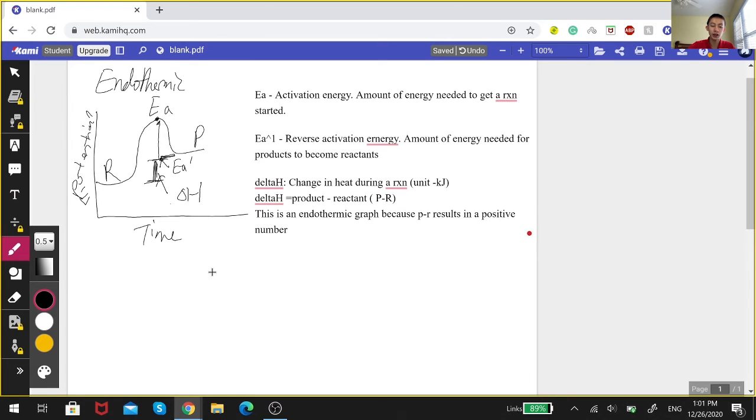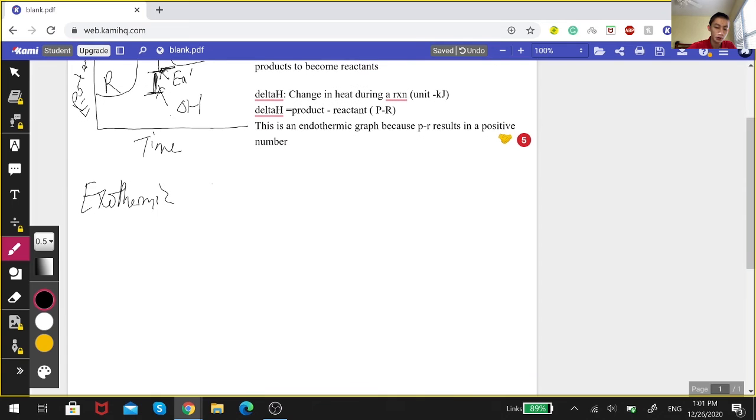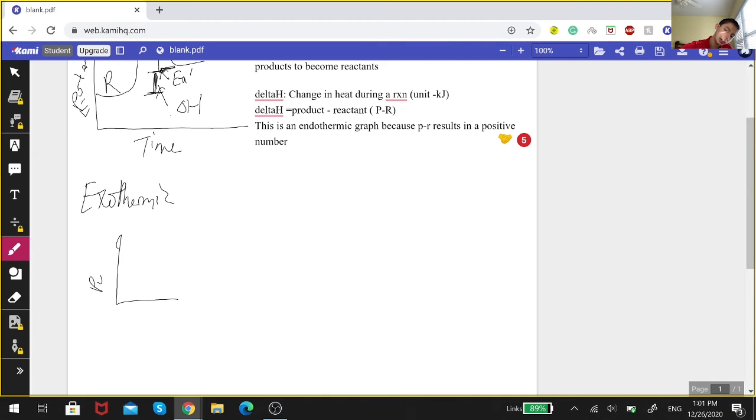And now let's look at exothermic. Exothermic, as you might have expected, is just opposite. So over here our y-axis is potential energy again. Our x-axis is time.